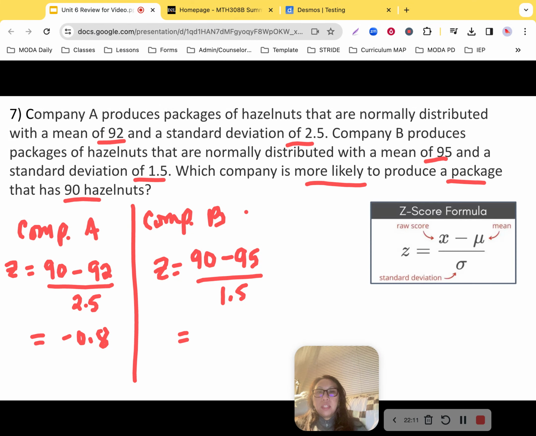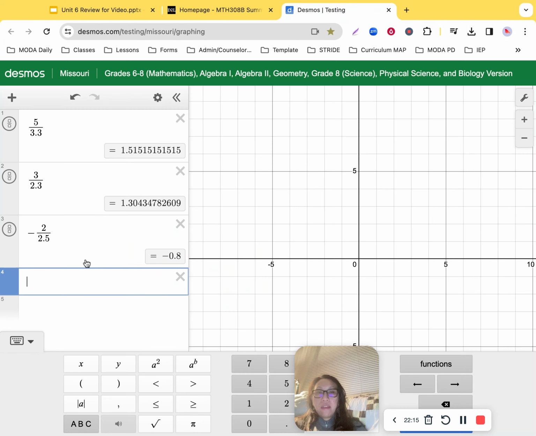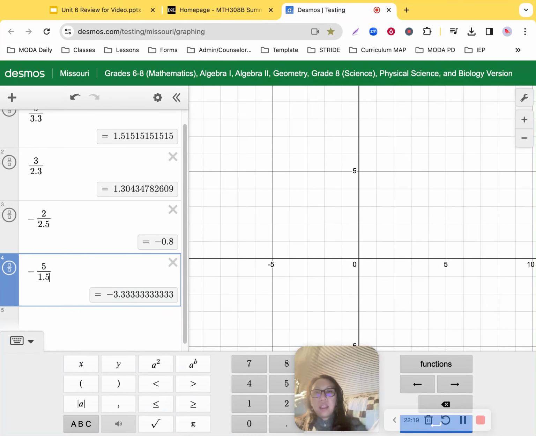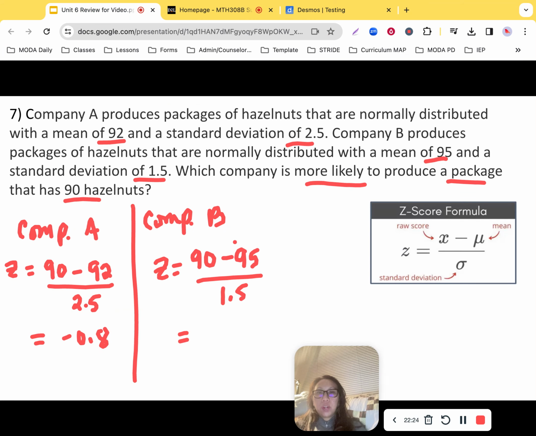So 90 minus 95 is negative 5, divided by 1.5. Negative 5 divided by 1.5, we get negative 3.3 repeating. Now looking at the z-scores, which is closer to 0?